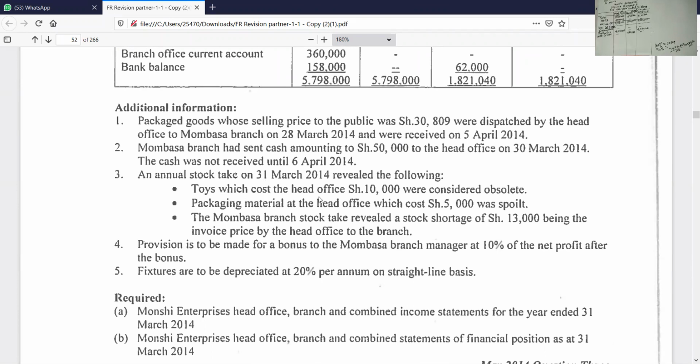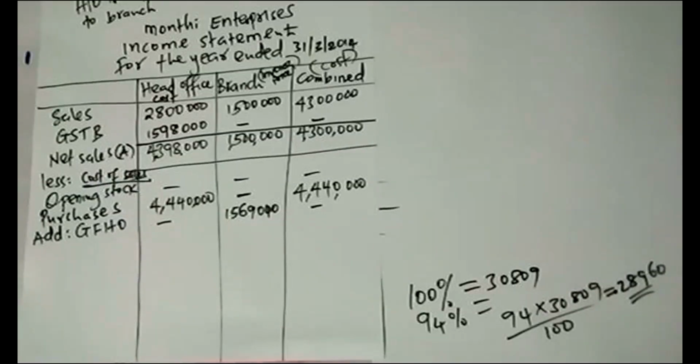Like now, toys which cost the office 10,000 were considered obsolete. So they are at cost, which is fine. You don't have to adjust anything. You record that 10,000 under the office and under combined. Packaging materials at the office, which cost 5,000, were spoiled. So let us record that one, because the third one, I know it needs a working.